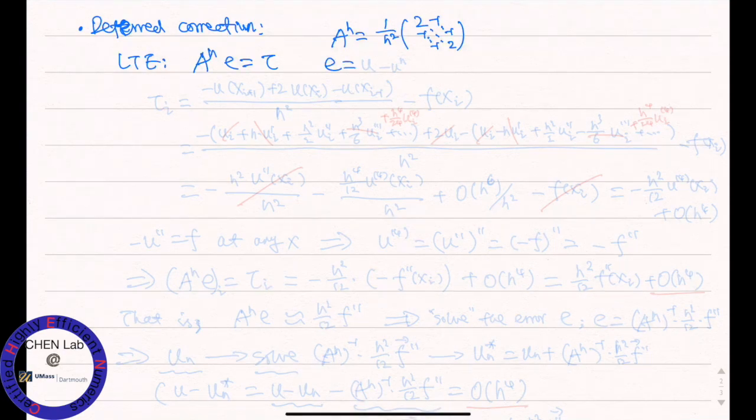So the error is E = U minus U_h. Let's write this again: tau_i is that you plug the exact solution into the scheme, giving negative u(x_{i+1}) plus 2u(x_i) minus u(x_{i-1}), over h squared, minus f(x_i).